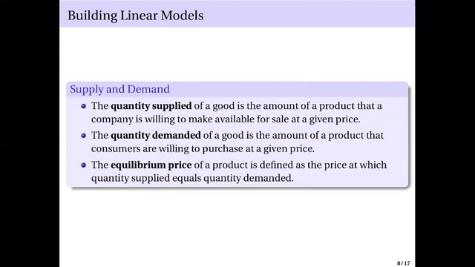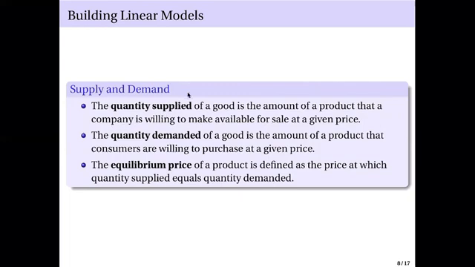Now, from economics, according to what they call the law of supply, as the price of the product or the goods increases, the quantity supplied also increases. Why is that? Take note, the quantity supplied is from the perspective of the company.